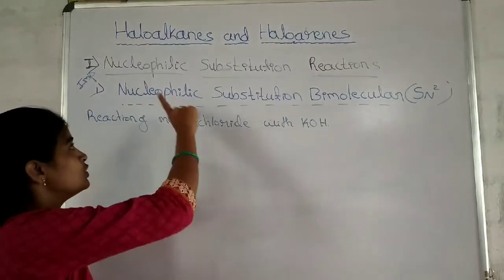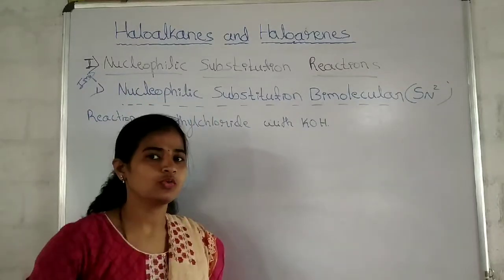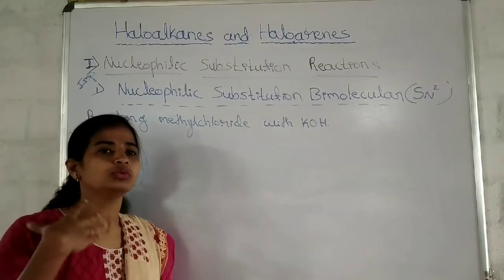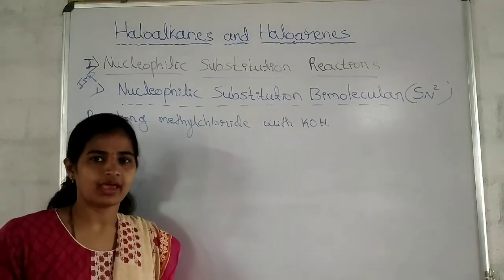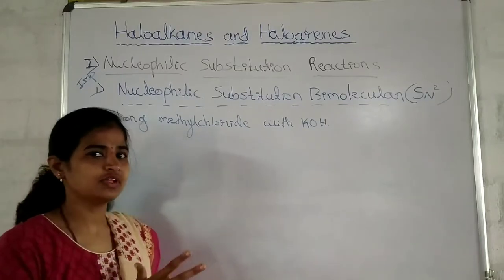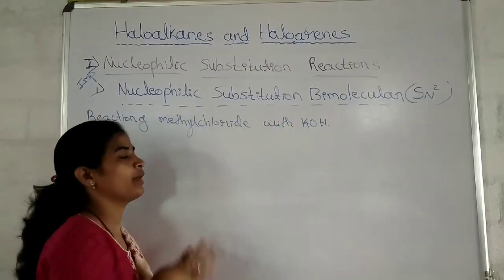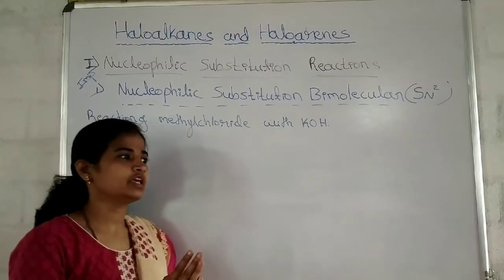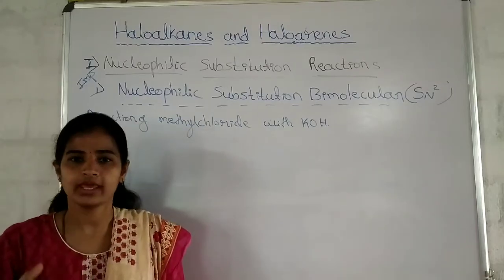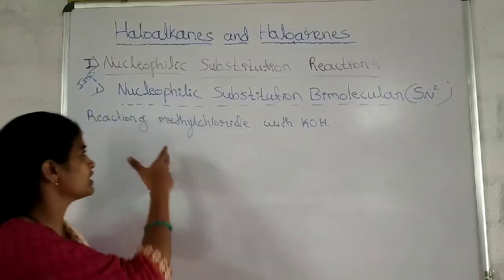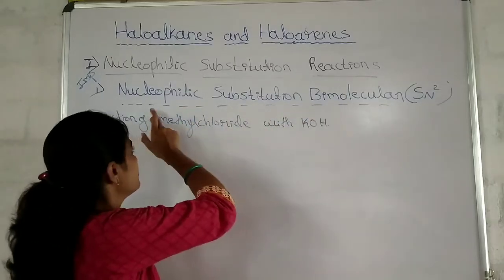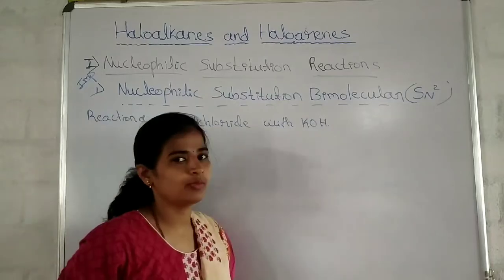Remember, nucleophilic substitution reactions will follow either the SN1 mechanism or the SN2 mechanism. First let us study the SN2 mechanism. Every reaction follows its own way, and the way of the reaction is called the mechanism. Here we are studying the SN2 mechanism, nucleophilic substitution bimolecular.